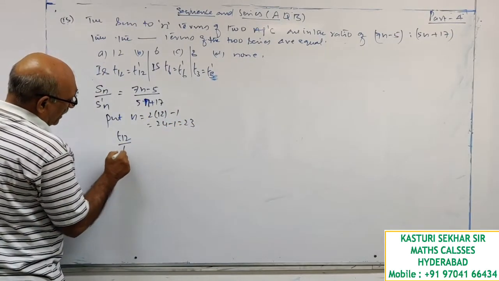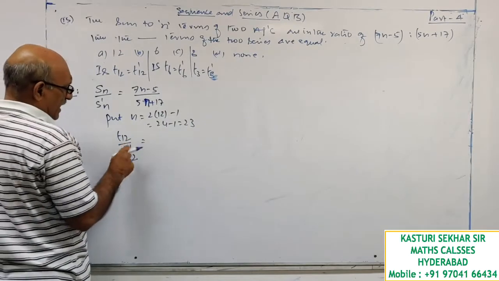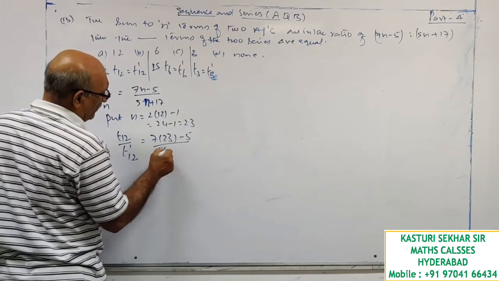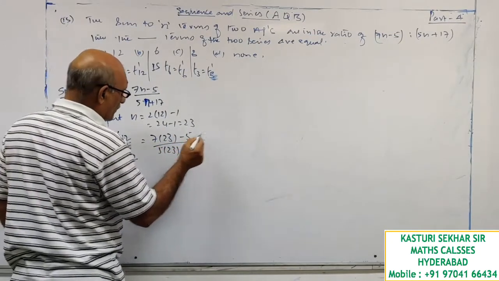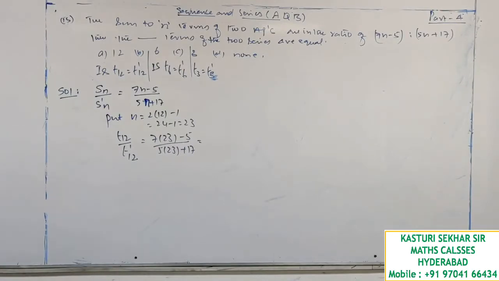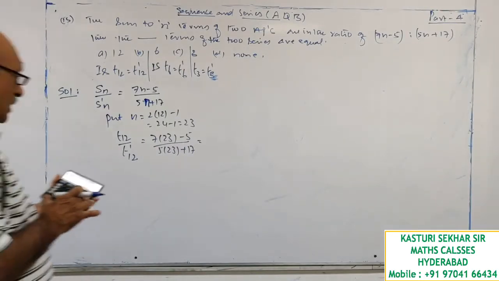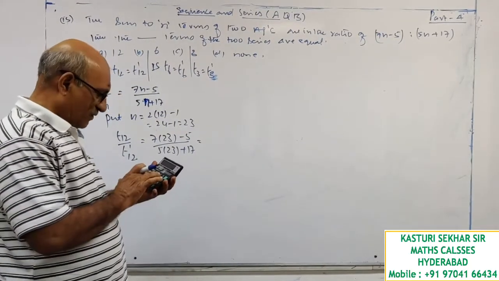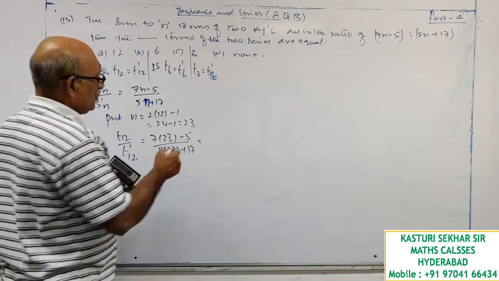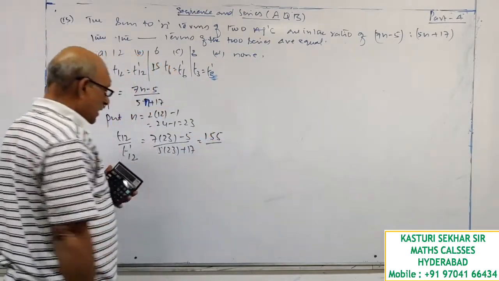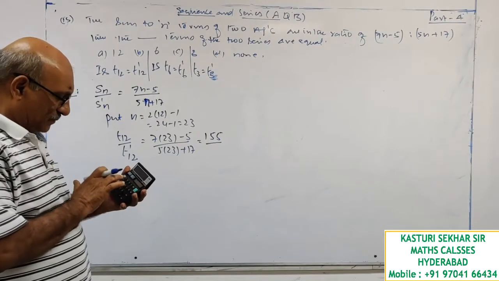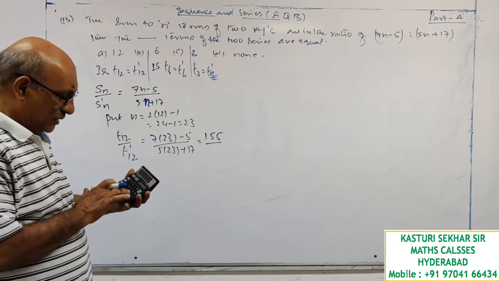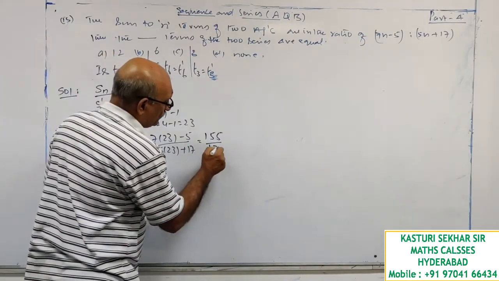So left hand side will become T12 by T dash 12, right hand side will become 7 into 23 minus 5 divided by 5 into 23 plus 17. 7 into 23 is 161 minus 5, this is 156, divided by 5 into 23 plus 17, this is 132.